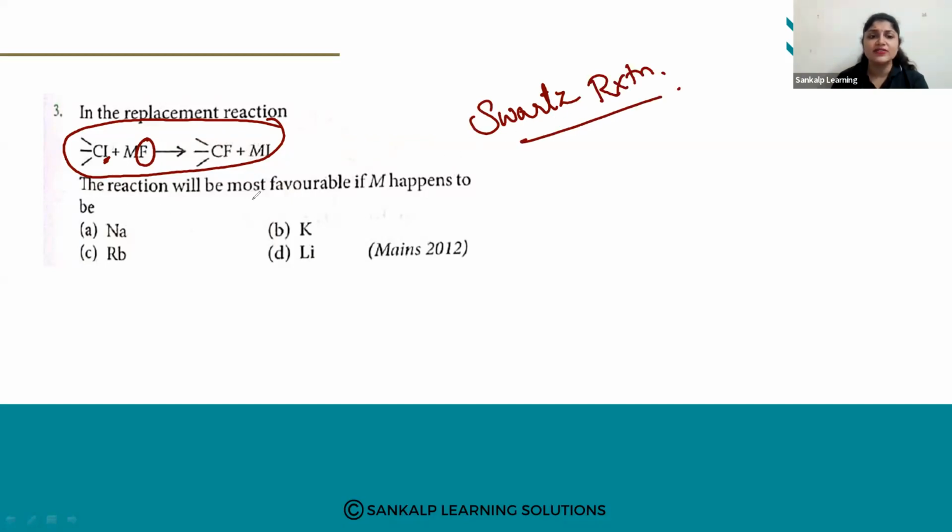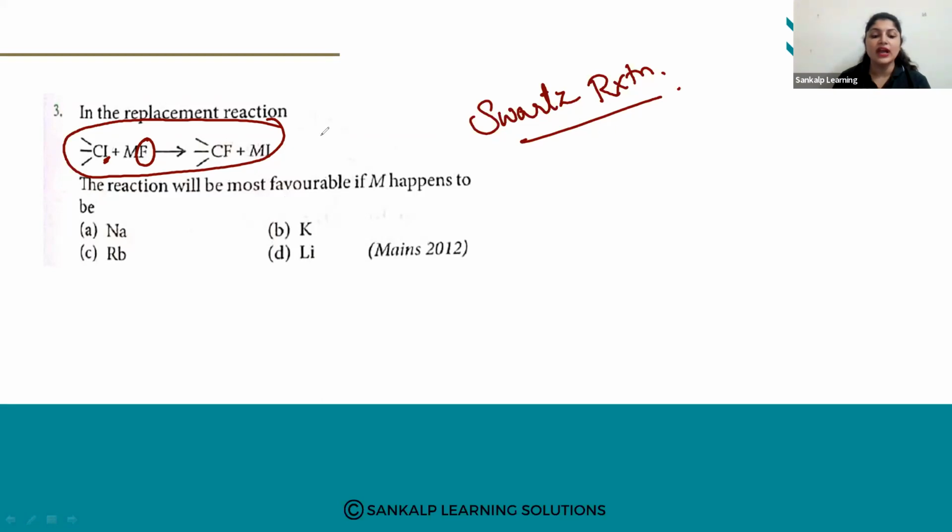Now, the reaction will be most favorable if M is which metal? We are reacting the iodoalkanes with metal fluorides. The options are A, sodium, B, potassium, C, rubidium, D, lithium. So they are asking which metal you can use here.